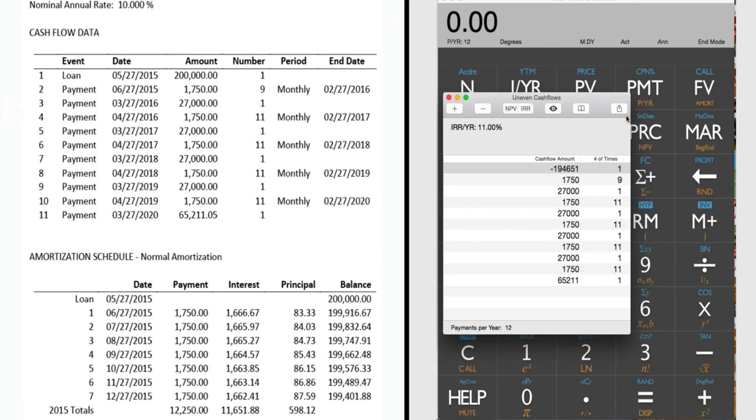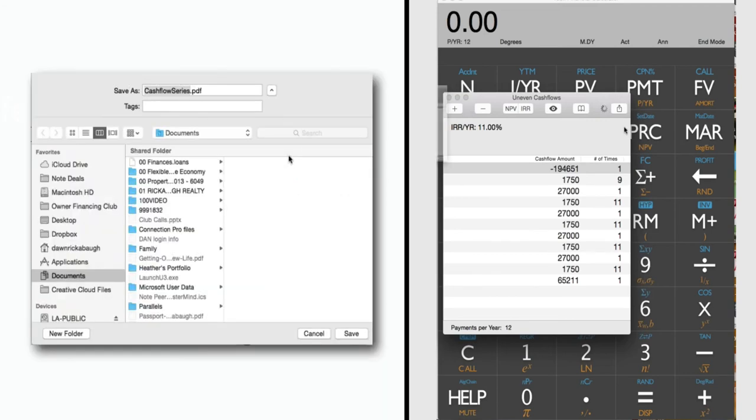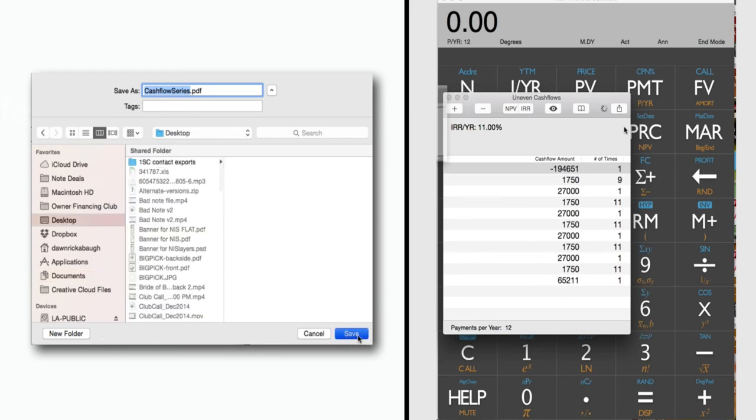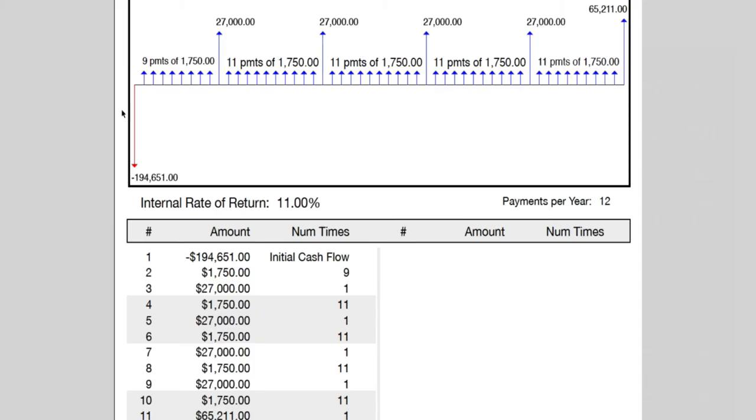And then there's this nice little feature here where you can share it as a PDF, and it shows these cash flow series. Okay, so here's the PDF. It's very visual. It shows the negative, that's coming out of your pocket, 194,651, and then the payment stream.